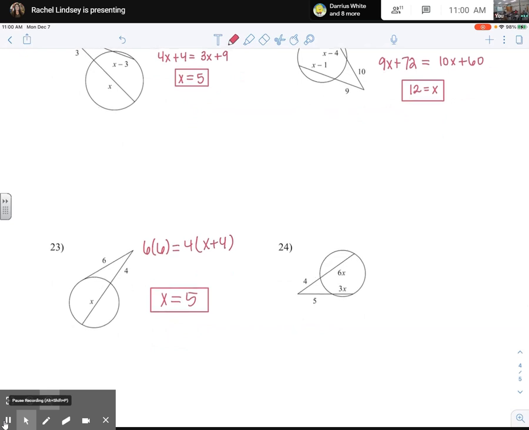And this is 5. On number 24, we've got 4 is the outside, 6x plus 4 is the whole, 5 is the outside, 3x plus 5 is the whole.